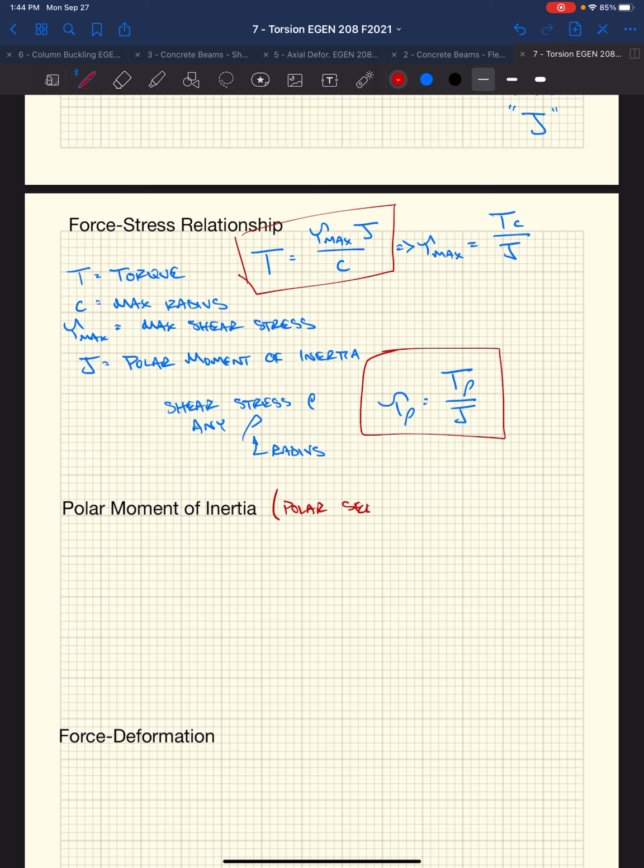Polar second moment of inertia, or moment of area is really what it's called. It's inches to the fourth, millimeters to the fourth. If we look at a solid circle, they've done the integral already, right? The integral of rho squared dA over the area.